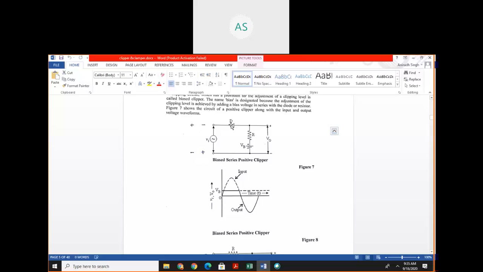Positive terminal of 3 volt is connected to cathode and negative is connected to anode. It means that this diode is reverse biased and acts as an open circuit.